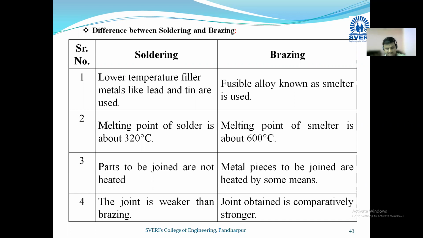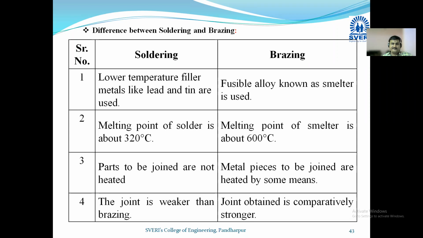So these are the 4 important points which tell us about the difference between soldering and brazing operation. This was a very famous question previously asked in the offline examination for 3 marks. Write down the difference between soldering and brazing. Very, very famous point.